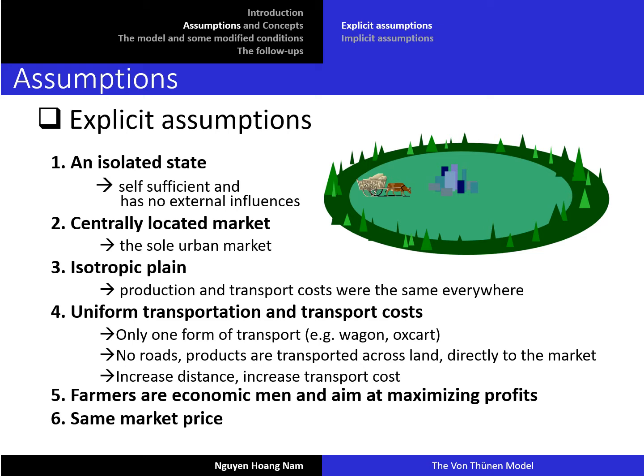If you have the same product, let's say potatoes, then the price of potatoes from point A is the same to the price of potatoes from point B, and the price of potatoes will not change during our calculation. Okay, so those are the 6 explicit assumptions of this von Thunen model. I hope you all understand.